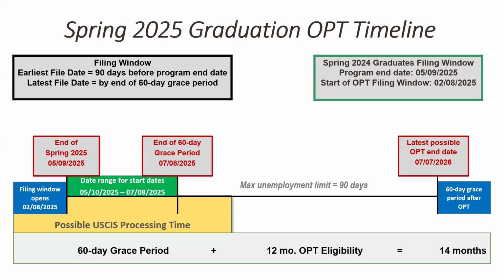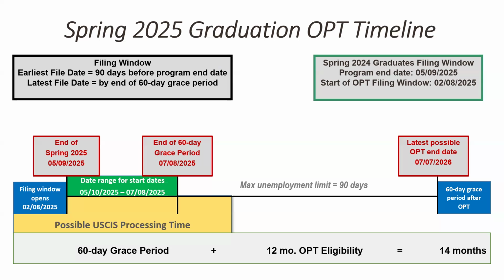If it takes 3 months for USCIS to process your OPT application, then that means you should have your OPT approval and your EAD, the work authorization card, sometime in May, and you'd have that before your June 1 start date. And then you'd get 12 months of OPT, meaning that your OPT would end on May 31st, 2026.